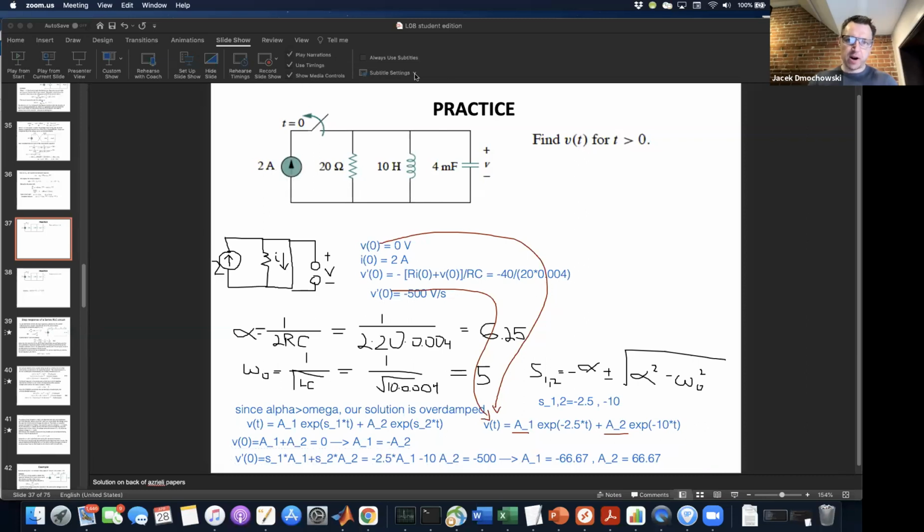So now we can finally write our final answer, which is that V of t is equal to 66.67. And then here's where we can take that as a common factor and write exponential negative 10t minus exponential negative 2.5t.